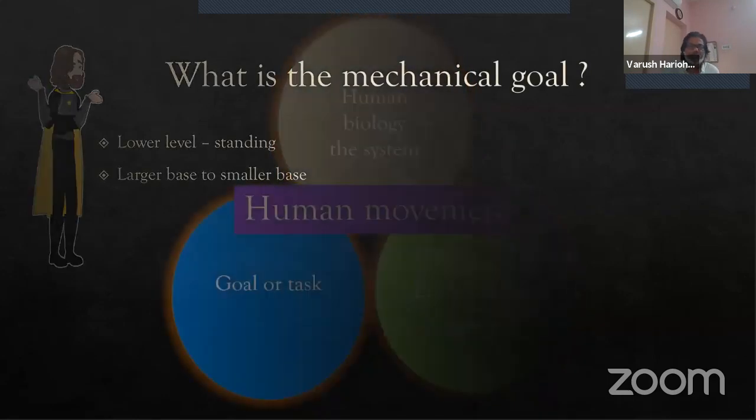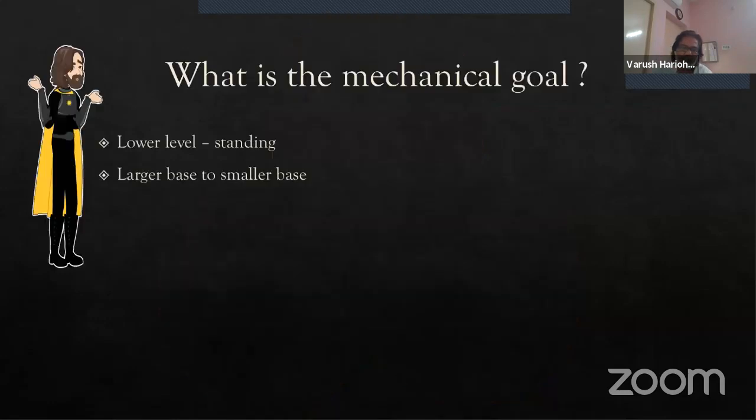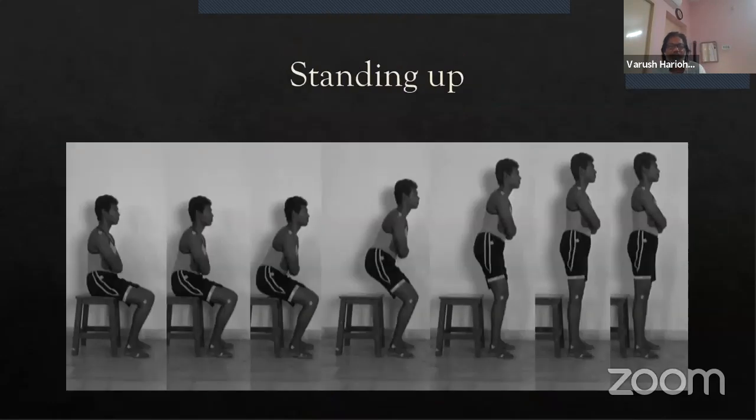So the next question I'm going to ask you is, I'm going to do sit to stand. What are the two major mechanical goals the system should have to do a sit to stand? What are the things it has to accomplish? I'm going to sit and then stand.